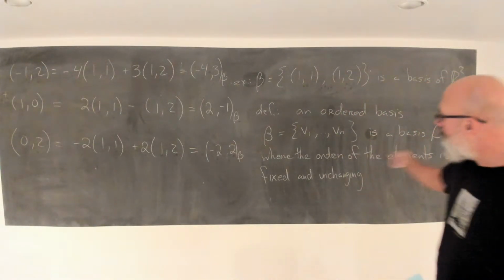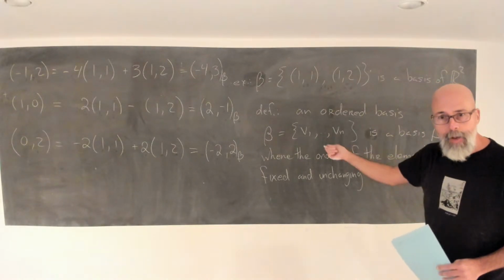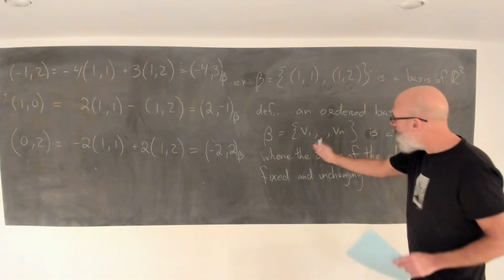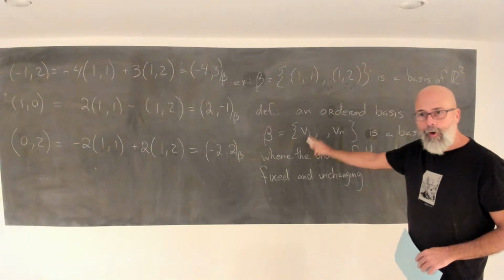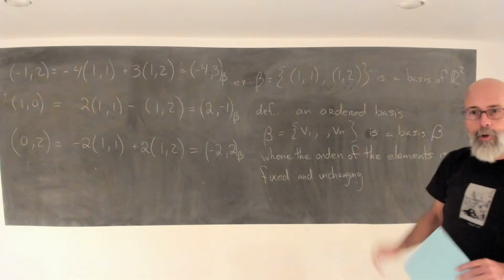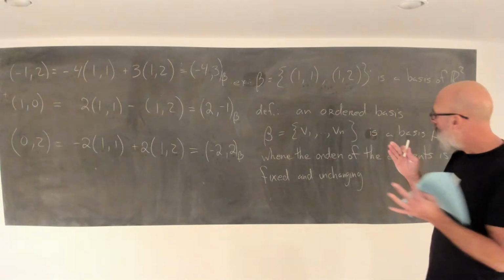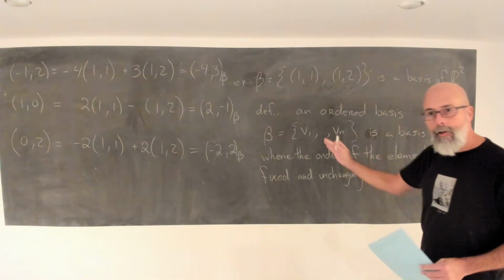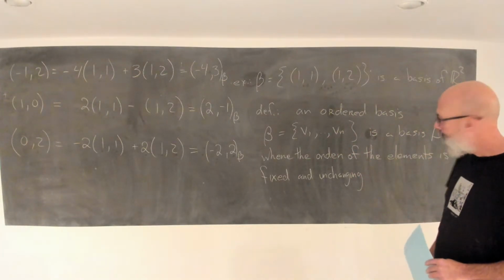So an ordered basis must be a basis, so it has to be linearly independent and spanning, but also whichever vector comes first, whichever vector comes second, and so on, you can't change those around. For a fixed ordered basis, that's the order of your basis, and it matters.